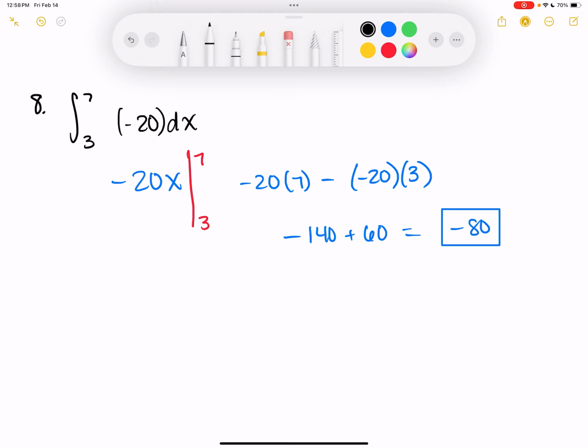And just to be clear, whatever this variable is here, like the d whatever, is telling you what variable we're doing it with respect to. So that should always be the variable that gets used when you do it down here, which will come into play in problem 10, which is the integral from negative 4 to negative 1 of pi over 2 d theta. So what's the antiderivative of pi over 2 d theta?